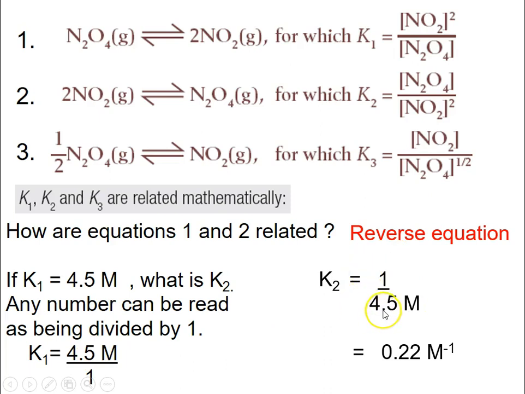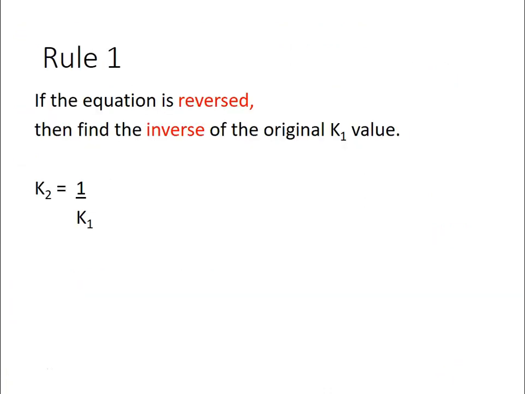So you've just flipped your expression over. So you put 1 over 4.5, and if you divide 1 by 4.5, you get 0.22 moles to the -1. Okay, so the first rule, if the reaction is reversed, then you find the inverse, 1 over the original K value.